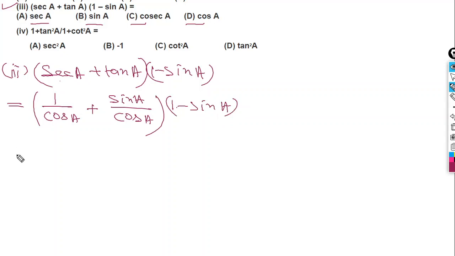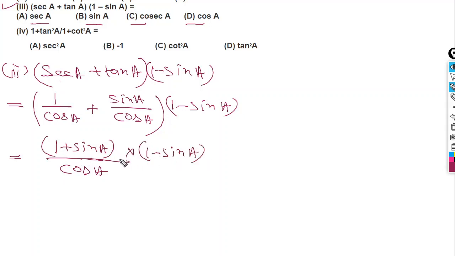So now it will be equal to, now you just add them, 1 plus sin a over cos a, into 1 minus sin a. Okay, equals, you know, 1 plus sin a into 1 minus sin a will be a plus b into a minus b. What will it be? A square minus b square.